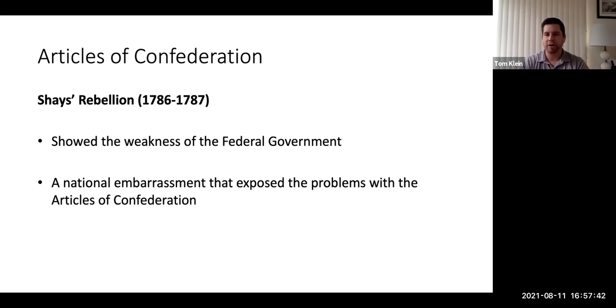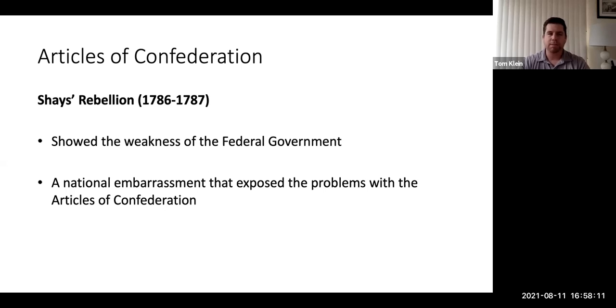They appealed to the federal government for help, and the federal government couldn't do anything about it. Because remember, under the Articles of Confederation, the federal government had almost no power. They had no money. They had no troops or federal police to command. And they essentially couldn't do anything to stop a bunch of farmers. And of course, this is very embarrassing, really a national embarrassment that I think exposed many of the weaknesses of the Articles of Confederation.